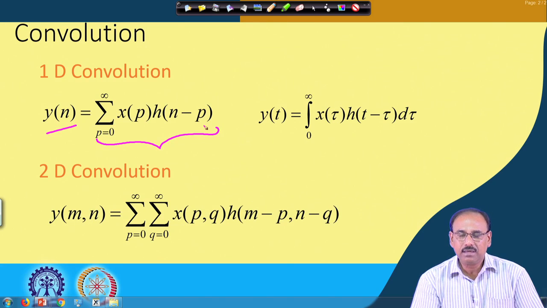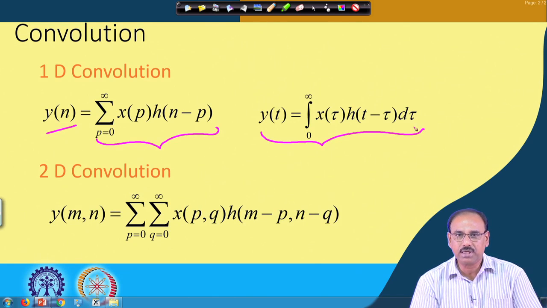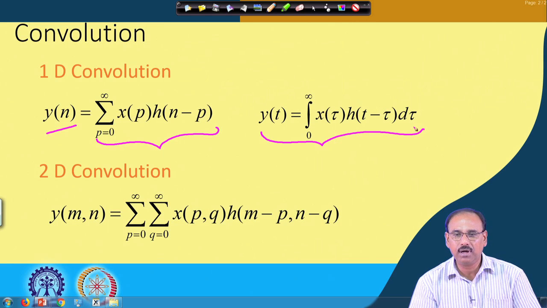In the same manner, in the continuous domain, we can represent the same convolution operation by this expression, where y(t) is equal to the integral of x(tau) h(t minus tau) d tau, with the integral taken over tau varying from 0 to infinity.